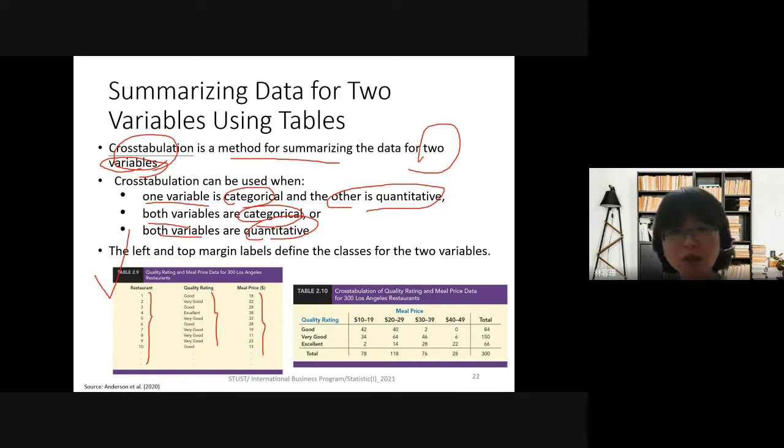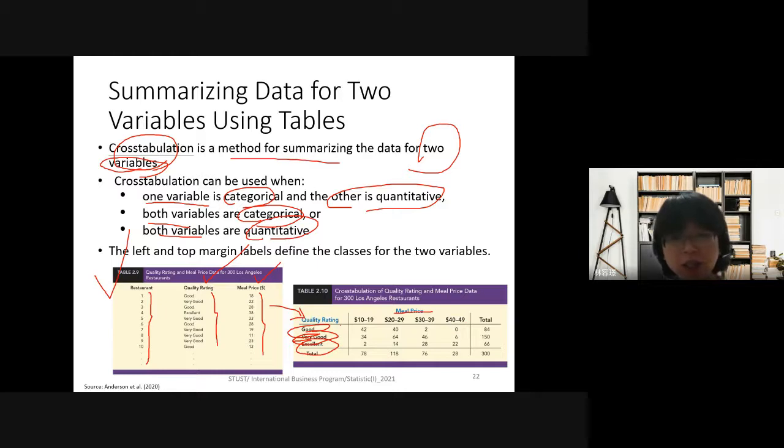So we can use the cross table to present it. We can use the quality rating as a variable: good, very good, excellent. We can also use the meal price as a categorical variable: 10 to 19, 20 to 29, 30 to 39, 40 to 49.